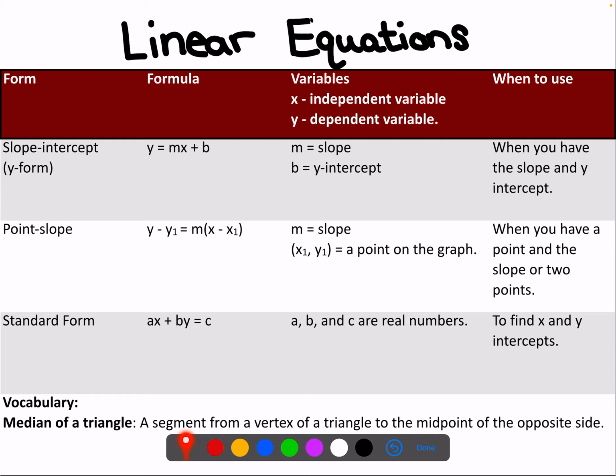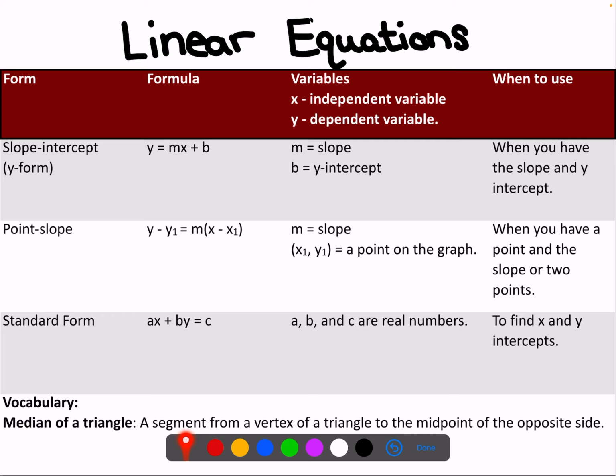Now, when you're trying to think of median, you guys are getting close to the age where you're going to start driving soon. So when you're driving down the road, typically you'll see this middle section in the road that has trees in it, or it's just some concrete or something like that. It separates both sides of the road. That is called a median because it splits the road down the middle.